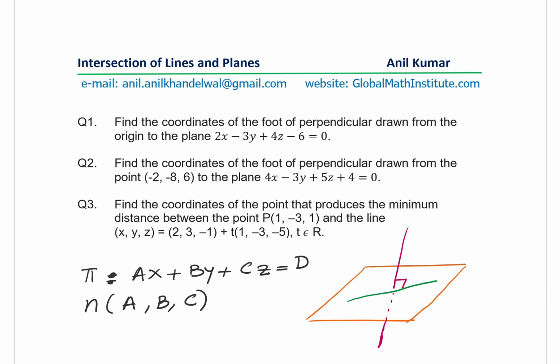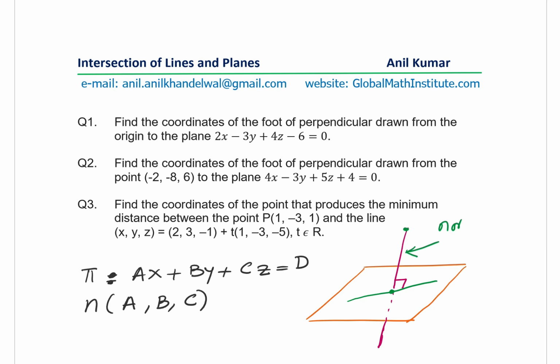Perfect. So in all these examples, we have a line and a plane, or a plane and a point outside. If we have a point here, then we are always looking for a point on the plane which will be perpendicular. Is that clear to you? Now, the normal is along the perpendicular direction, right?